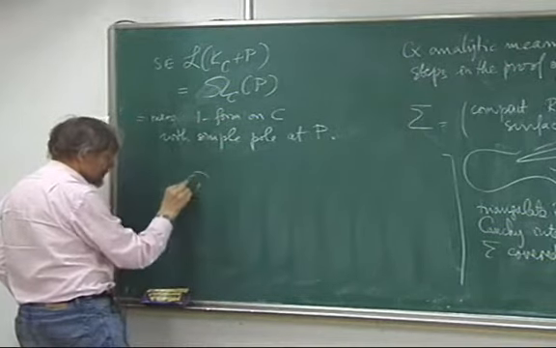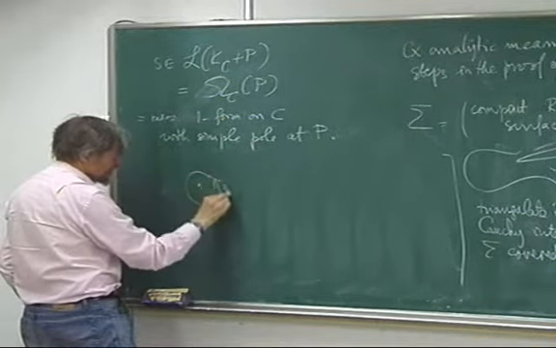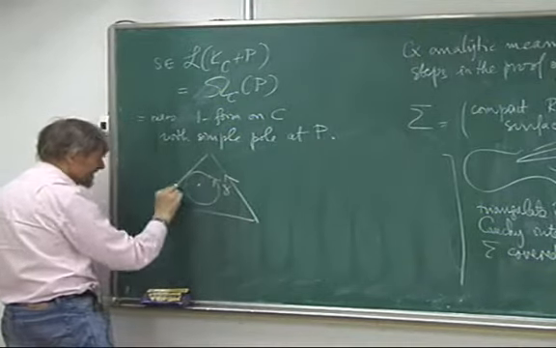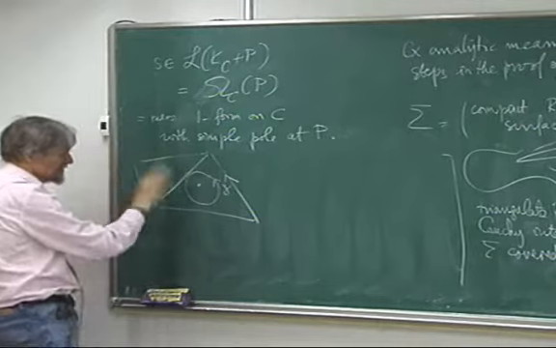So here's the point P and this little contour around it, and this is contained in some triangle, and I'm going to integrate around there, and then I'm going to integrate around the whole surface.